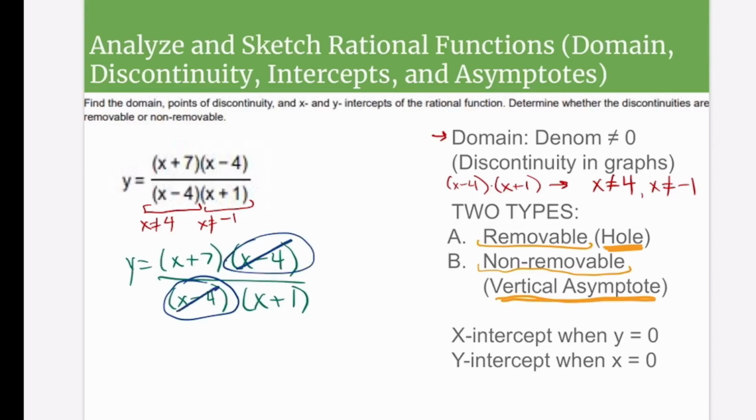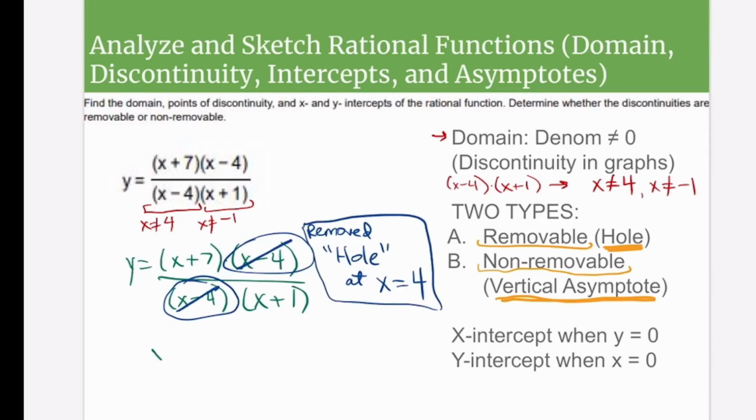So x minus 4 gets removed. We can simplify it. Because of that, we have a hole in our graph, and our hole is going to be when x is equal to 4. X cannot be 4, but we can actually remove that. So that's where we have this thing called a hole.